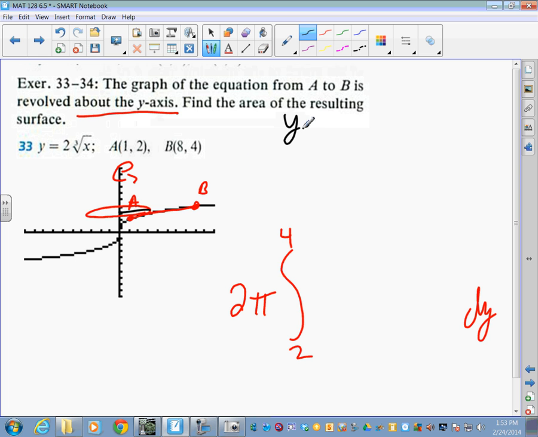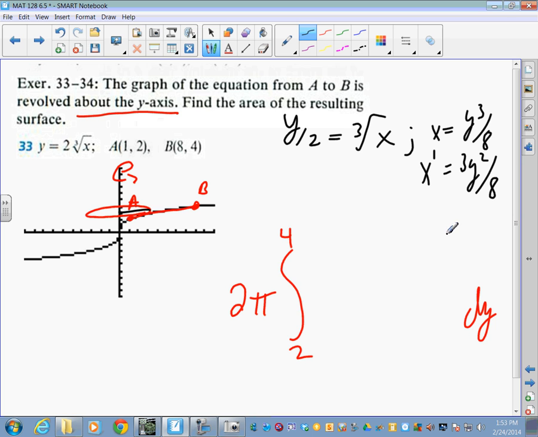We're going to take y divided by 2 equals the cube root of x, cubing that means x equals y cubed over 8, which means x prime equals 3y squared over 8.